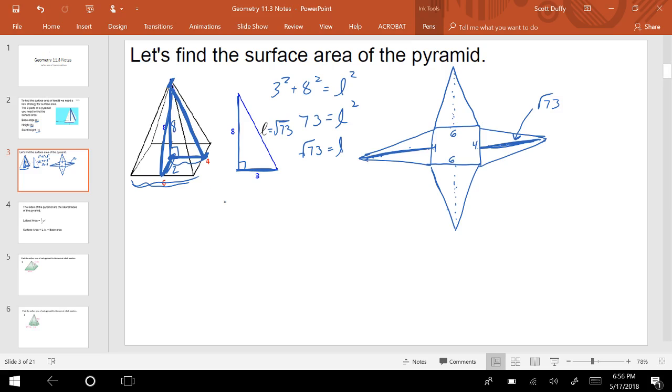If you turn it to the left, 2, 8, slant height makes a right triangle. Do the same thing: 2 squared plus 8 squared equals the slant height squared.